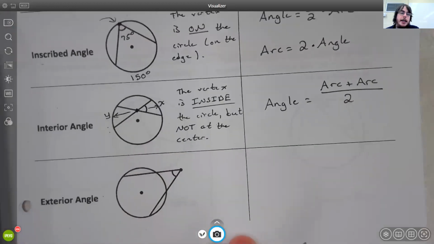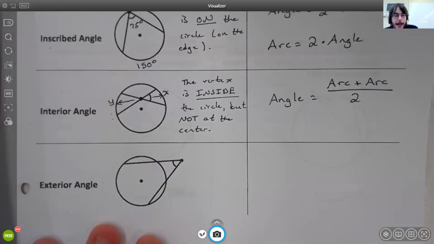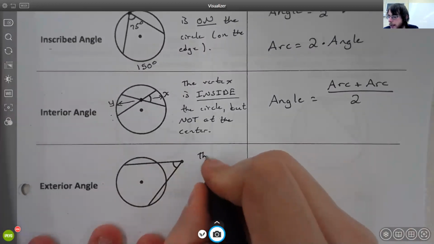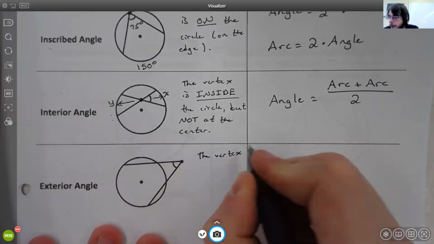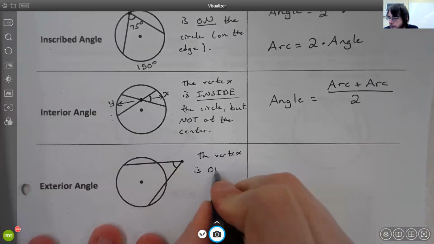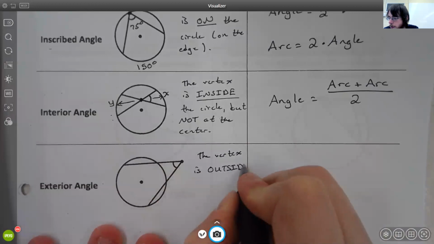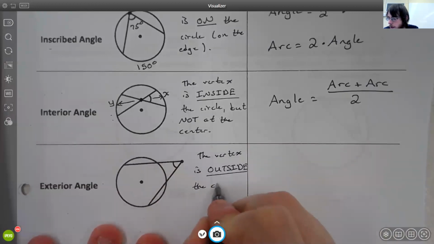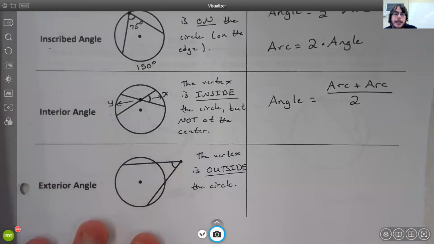Now let's look at the last type of angle we've talked about, and that's the exterior angle. Unlike the interior angle, the vertex is outside the circle.